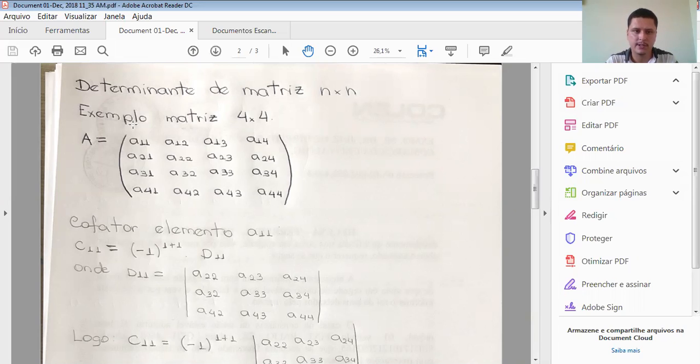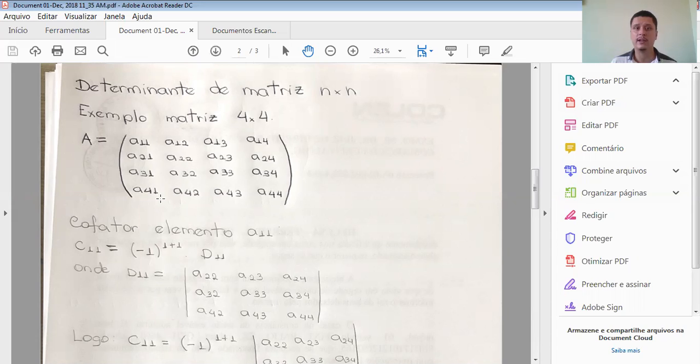So, for example, let's learn how to calculate a cofactor of the element 1,1. Element 1,1, A1,1, is the element of the first row and the first column. How do we calculate the cofactor of the element A1,1, which I'm calling here C1,1? It's minus 1 to the power of the index of the row plus the index of the column of that corresponding element.